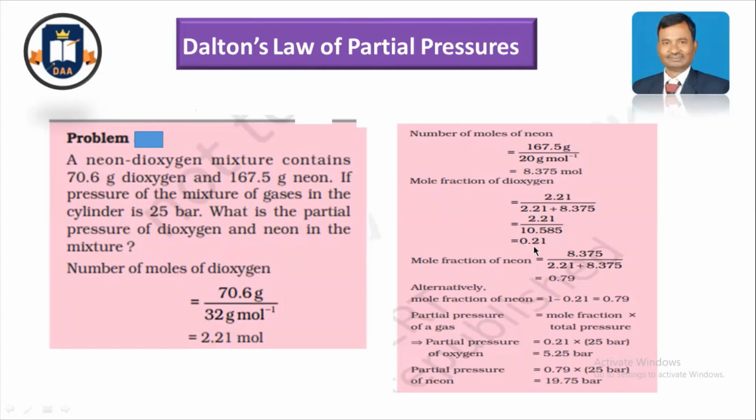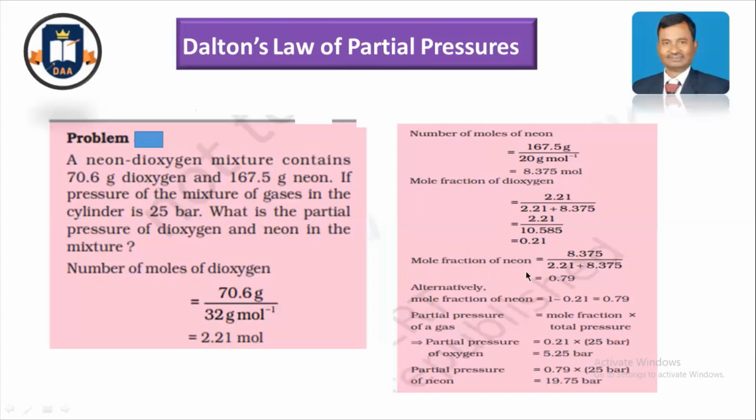After calculation, the mole fraction of dioxygen is 0.21. So here you can see that in this problem, we have to convert the amount of the individual gases, dioxygen and neon, into mole fraction.